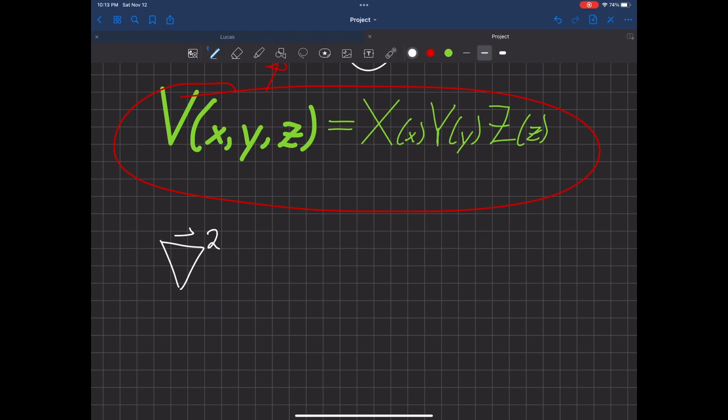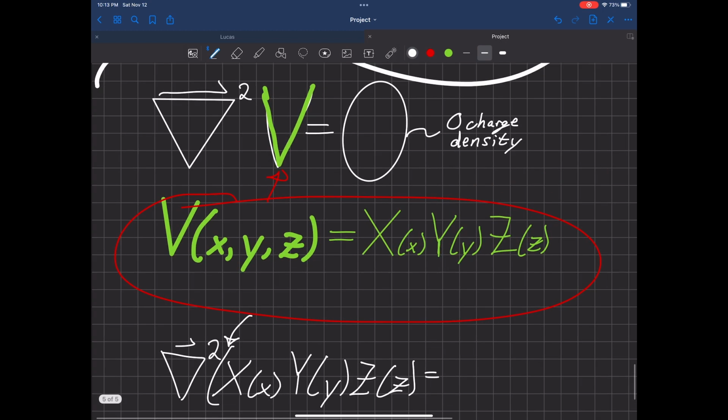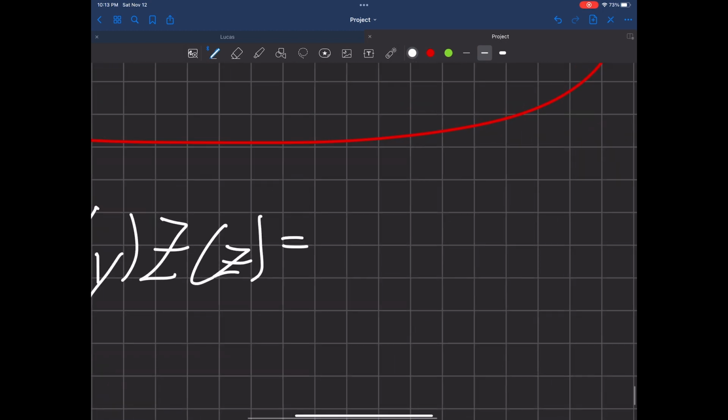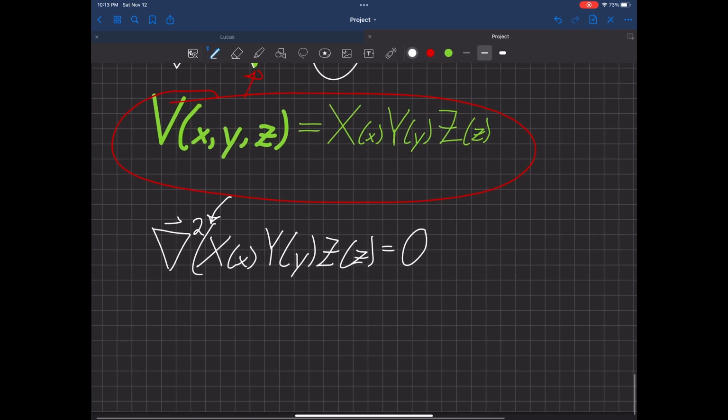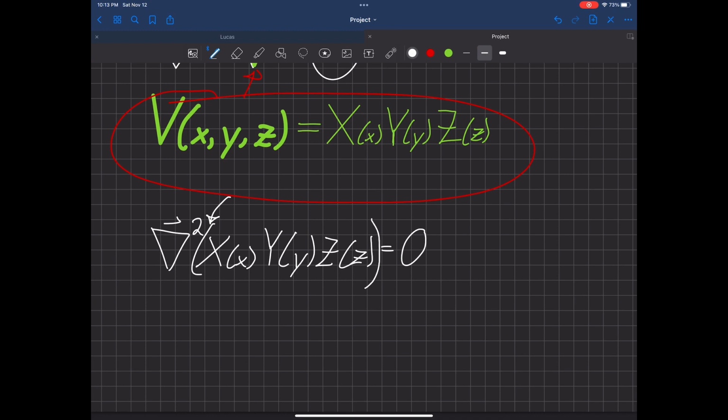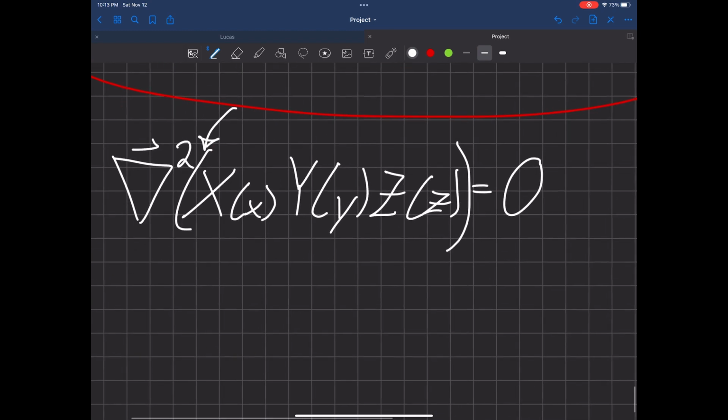So we have X of x, Y of y, and we're also going to have Z of z in there. Keep in mind, this all is equal to 0. Right? So, drew it a little wonky, but you get the gist.